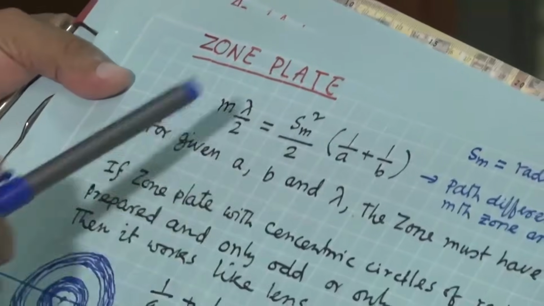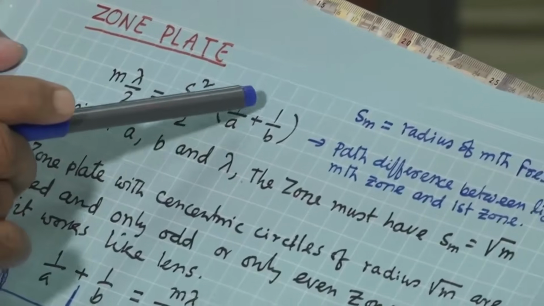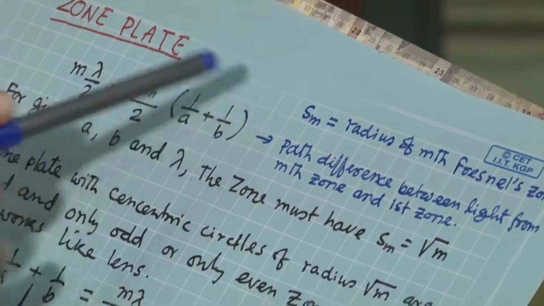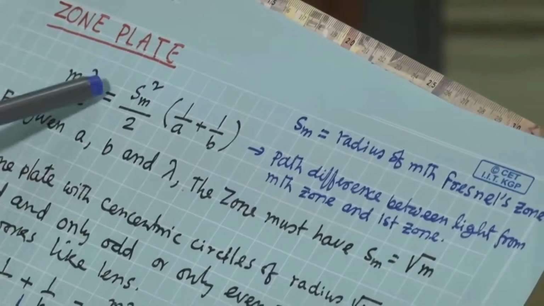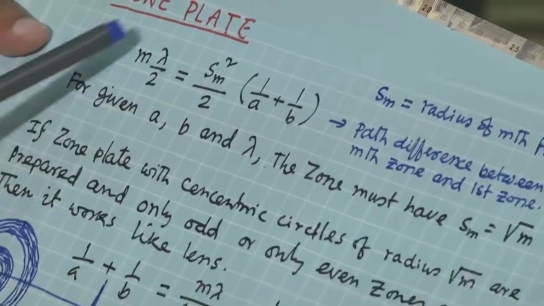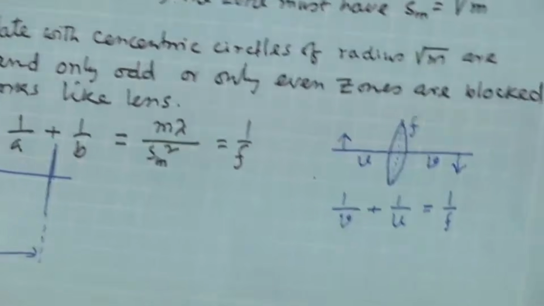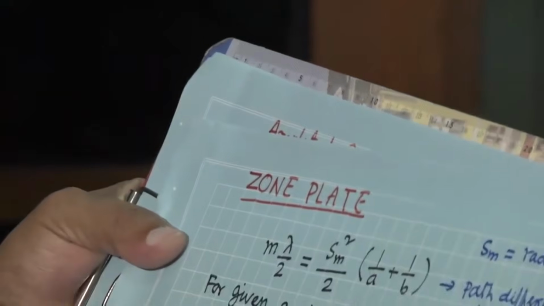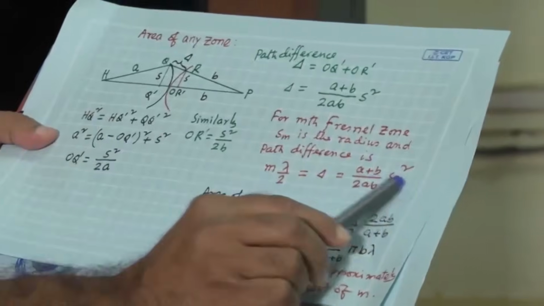That is what we learned from the discussion, and you have seen that A plus B by AB by 2, into SM square, equals M lambda by 2. That is what we derived.